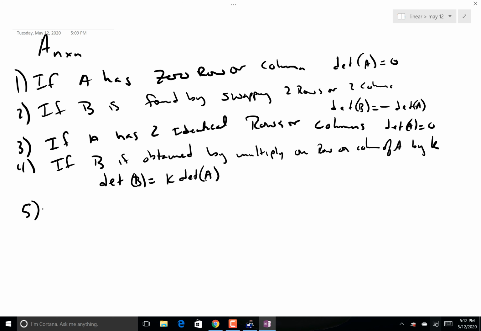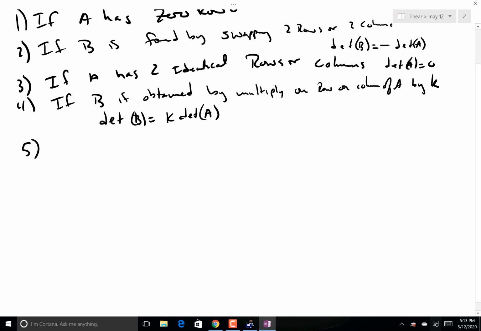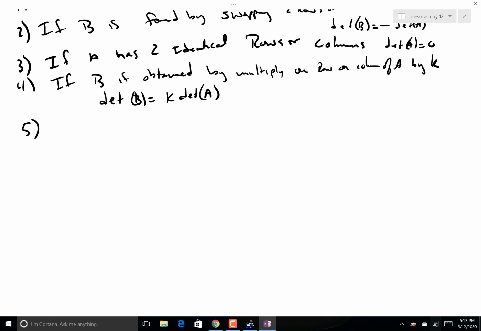That's always true. Okay? If A, B, and C are identical except the ith row or column, which is the sum of the ith rows of A and B, the determinant of C is equal to the determinant of A plus the determinant of B. You're like, what the heck does that mean, Jay? Let me demonstrate.